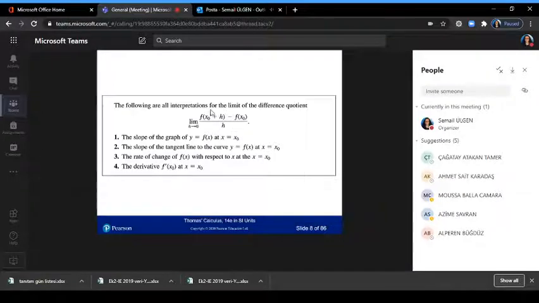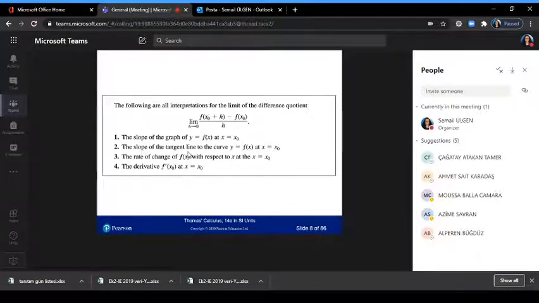This is called the difference quotient, and then you put the limit in front. So the limit as h goes to 0 of the difference quotient has many interpretations. We have talked about it before, so let's repeat it. For example, one meaning: if you are considering y is equal to f of x, the function and its graph, it is the slope of that function at the point x equals x0.